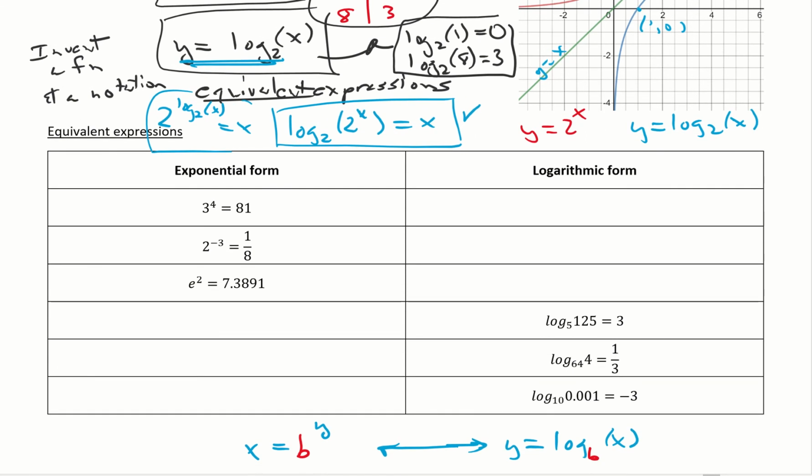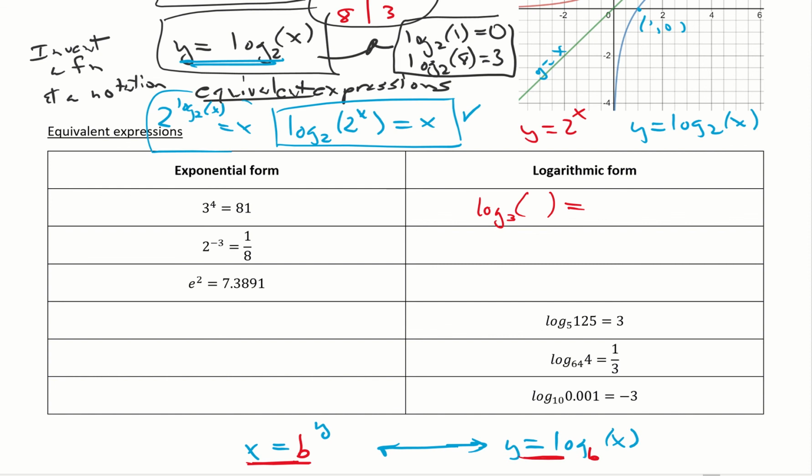We have a statement that is in exponential form, and we're going to switch it to logarithmic form, like we were talking about up above. So I would say log base b, which in this case is 3, of something is something else.